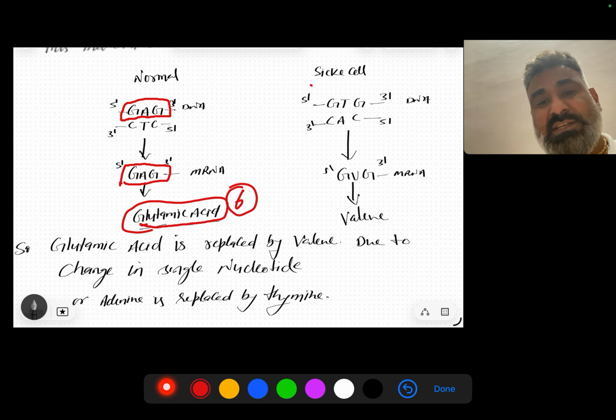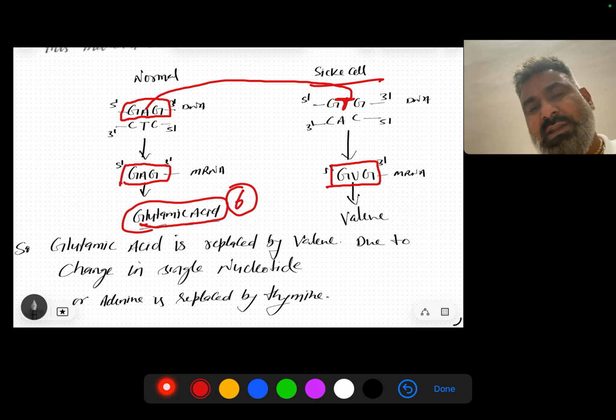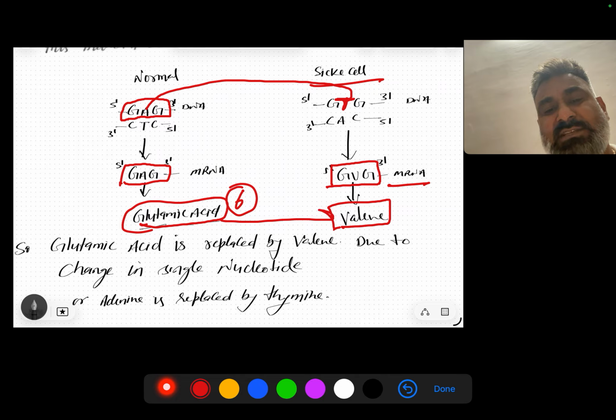While in sickle cell, this A is replaced by T, and due to which it produces a GUG mRNA, and this mRNA codes for valine. So, in simple form, we say that at the 6th position in beta globin, glutamic acid is replaced by valine. Okay.